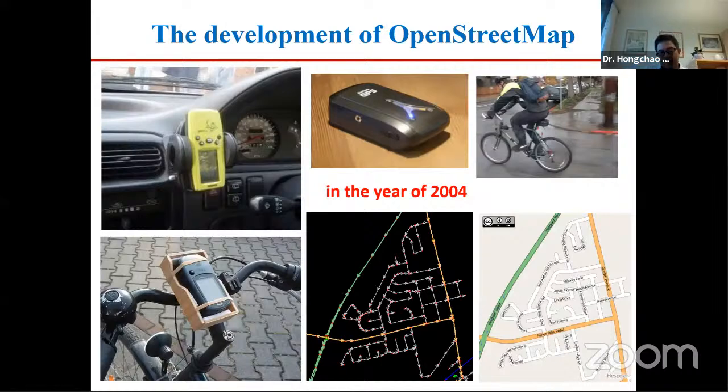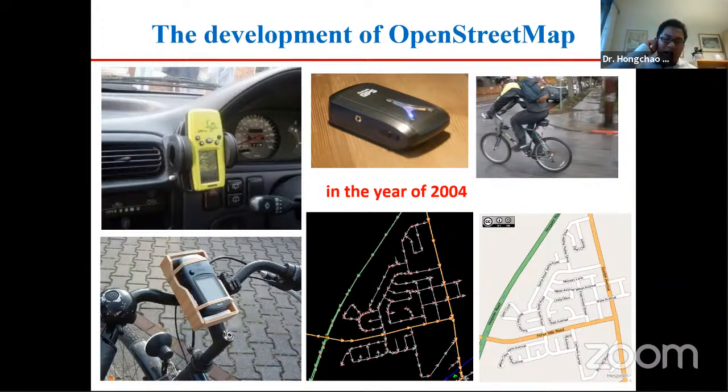So here is the beginning. You see the navigation device I mentioned. It is very ugly, but it doesn't matter. At the beginning, it was very difficult to edit the maps on a platform. Most of the data came from trajectories when people drove on the road or cycled on the road.